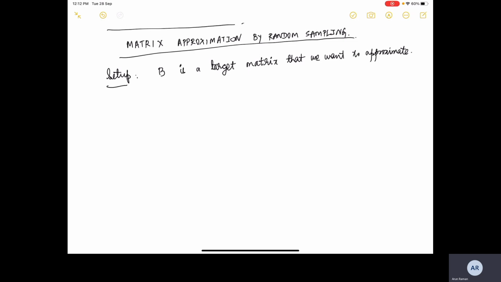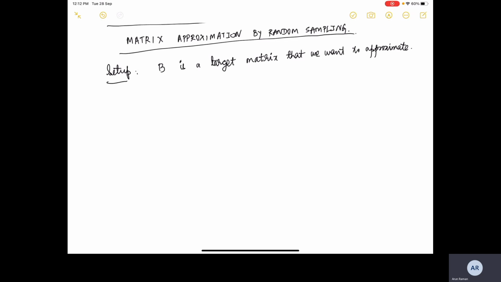So in the general matrix approximation by random sampling method, the first step is that we want to represent the target as a sum of simple matrices.